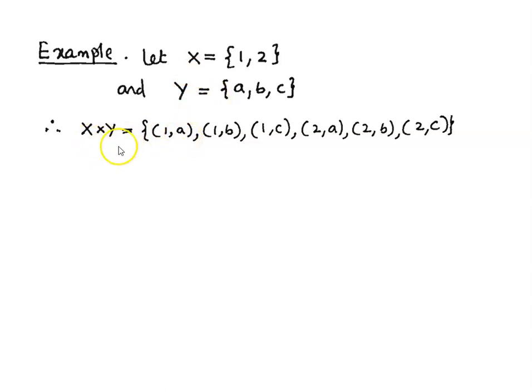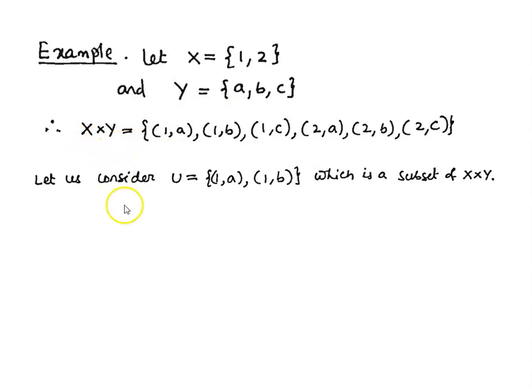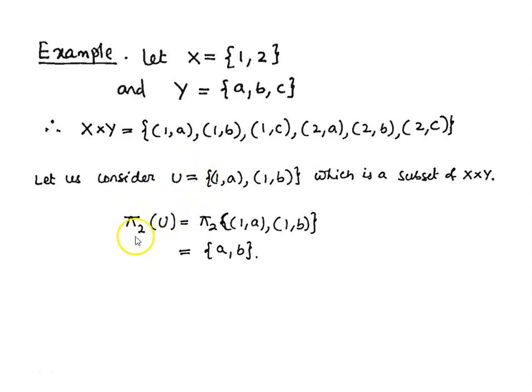So here we have X cross Y. Let us consider a subset U of X cross Y. If we consider U equal to {(1,A), (1,B)}, clearly this U is a subset of X cross Y. Now if we operate the projection maps on this U, what will we get? If we operate the second projection map pi2 on U, then we'll get the second coordinates.